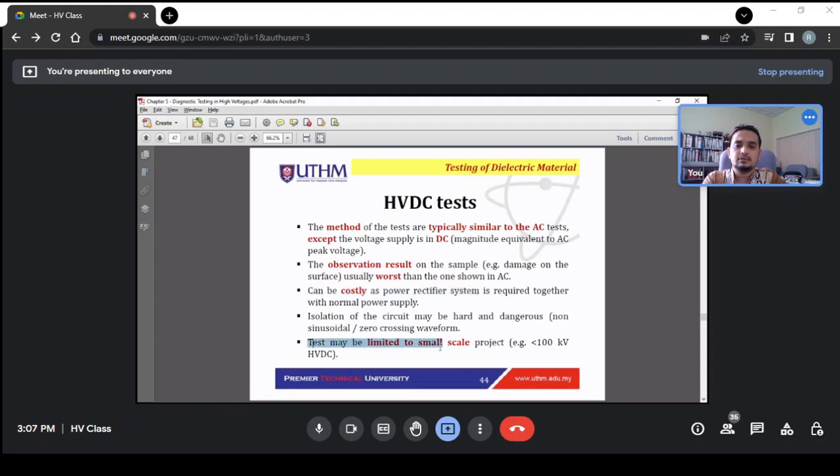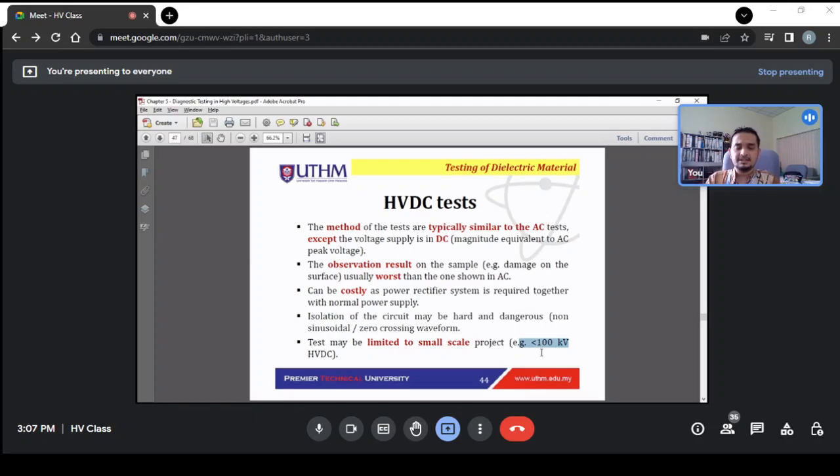This may be limited to small scale projects. When we say, for example, 100 kV DC, we don't go beyond, because of the risk of failure, the risk of disaster, the risk of an incident that may lead to injury or damage to the equipment.